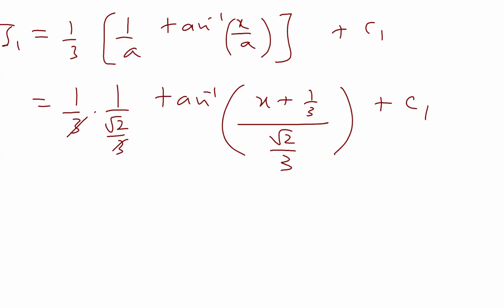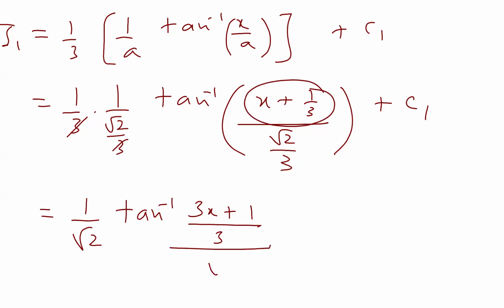So this will be 1 by root 2 tan inverse of (3x plus 1 upon 3, take LCM over here) upon root 2 by 3, plus c1. This 3 and this 3 will get cancelled. So what you are left with is 1 by root 2 tan inverse (3x plus 1) upon root 2 plus c1. Now this is I1, right?